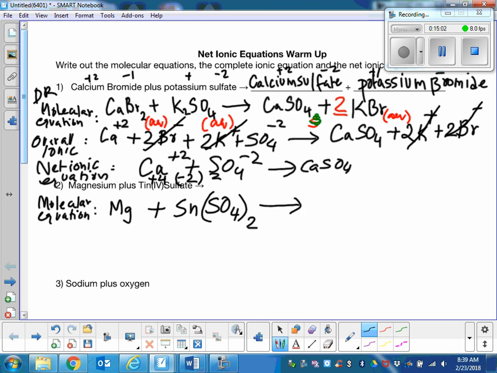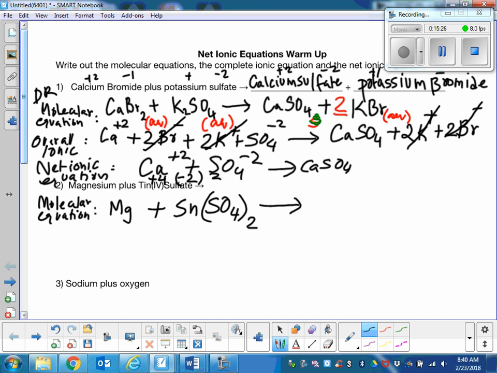Now, what is the type of reaction? If I mix magnesium with tin(IV) sulfate, what is the type of reaction? It's a single replacement reaction. In order to know if a single replacement reaction will take place, what do I make use of? The metal activity series.